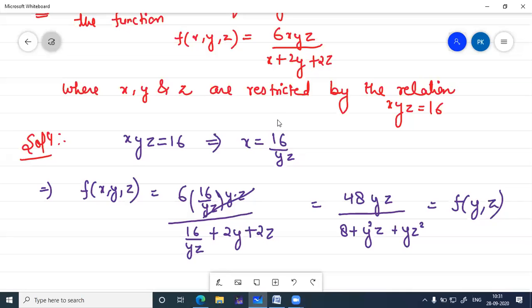Is this okay to you? Is this clear? This is the same problem which we have discussed in the last lecture.